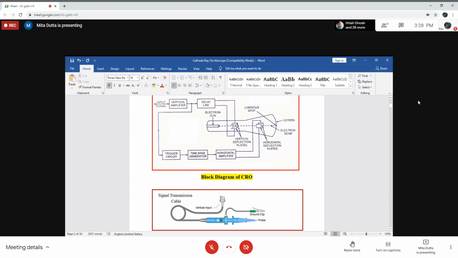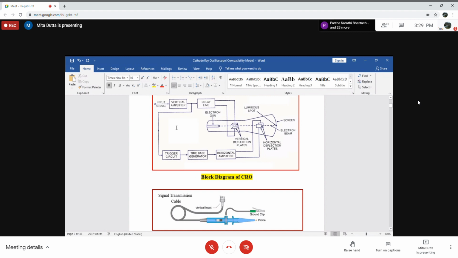When we sense the signal, it goes through the signal transmission cable and is applied to the vertical input terminal of the oscilloscope, and then we have the vertical deflection system. The signal is connected with the help of the probe to the oscilloscope vertical input terminal.